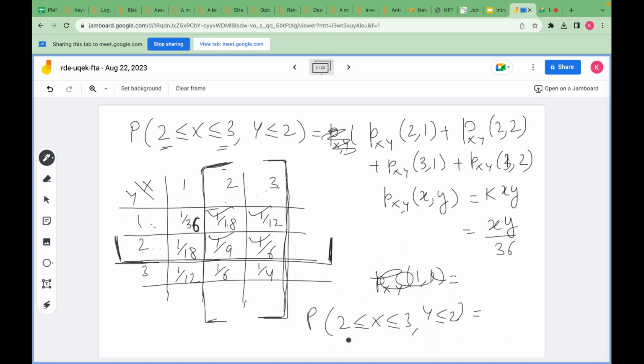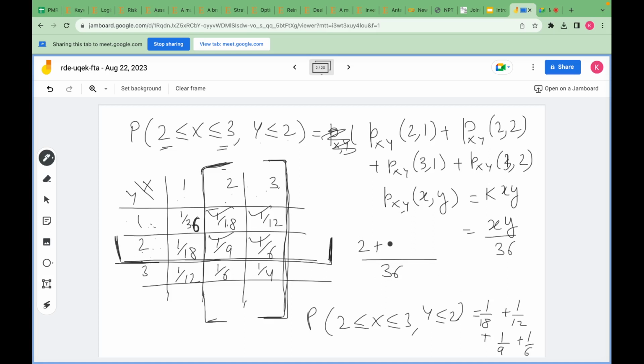Also we can count it. This will be 1 by 18 plus 1 by 12 plus 1 by 9 plus 1 by 6. So the denominator we can take 36.